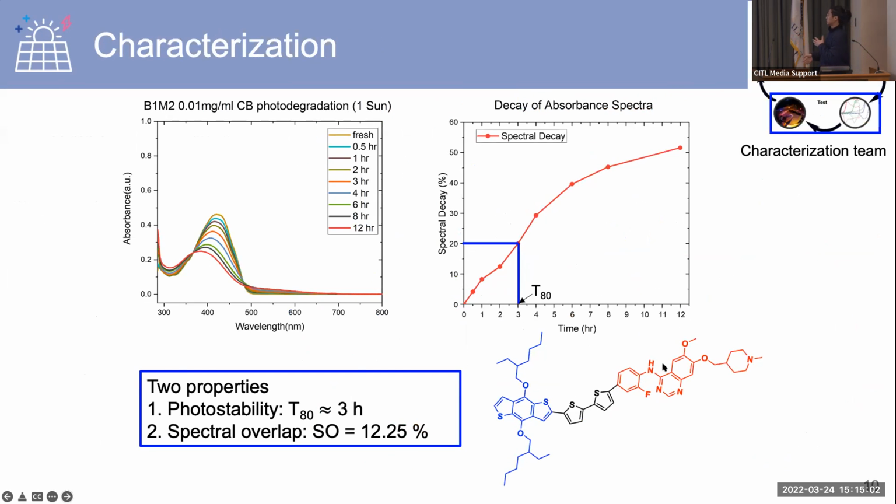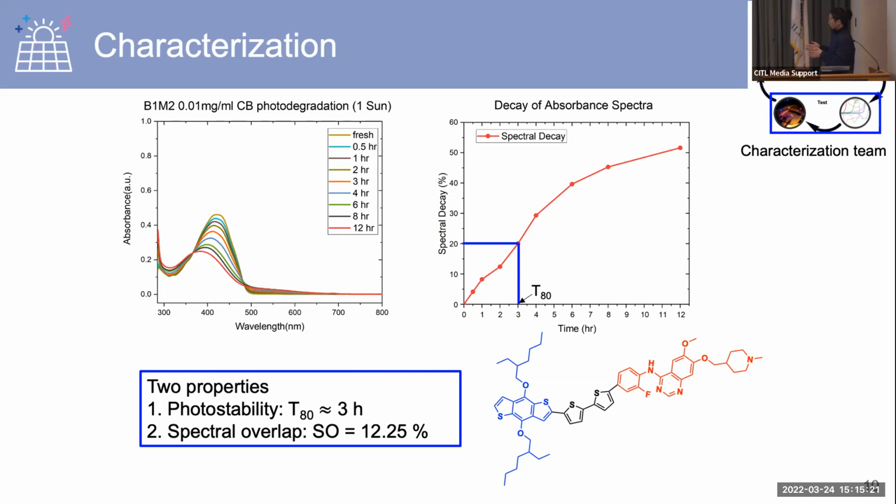The characterization team ran UV-vis measurements, and based on this data, they calculated T80 and spectral overlap values, which are related to photostability and efficiency, respectively.